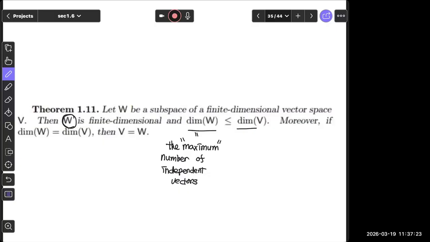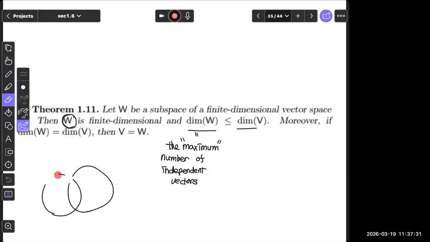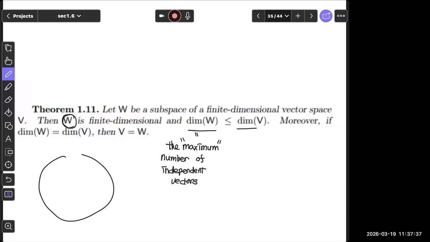Here is my V space, and here is my subspace W, and the dimension of V and the dimension of W are the same.